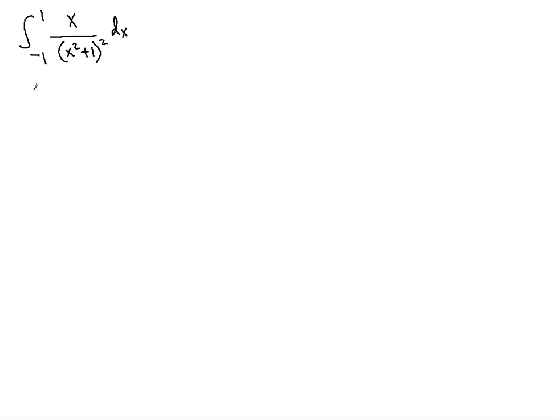So I'm going to choose a u variable as x squared plus 1, and the du is going to be 2x dx. Okay, so let's write this. I'm not going to change the variables yet.